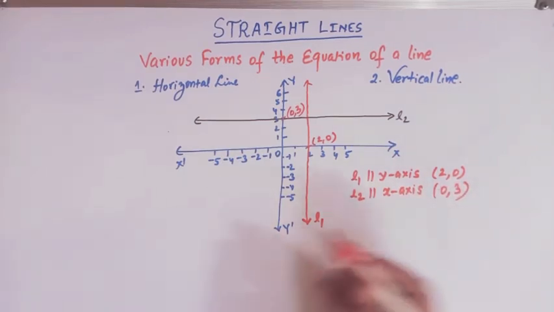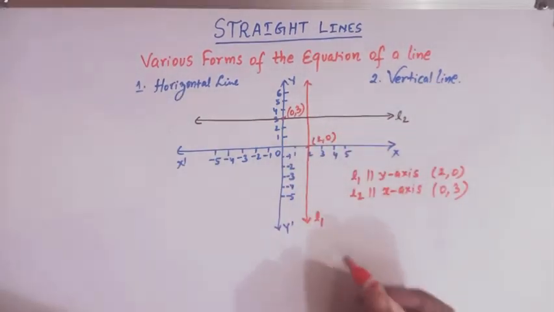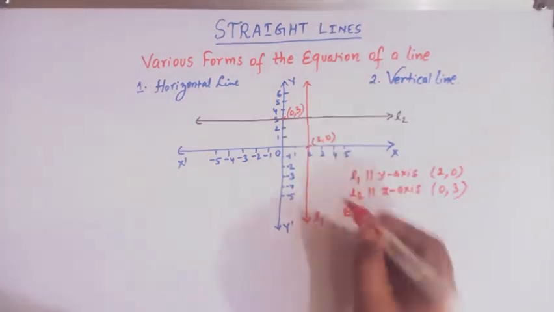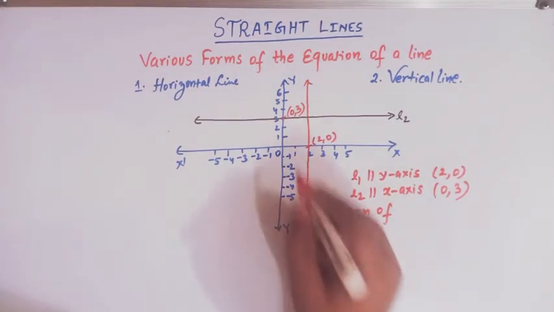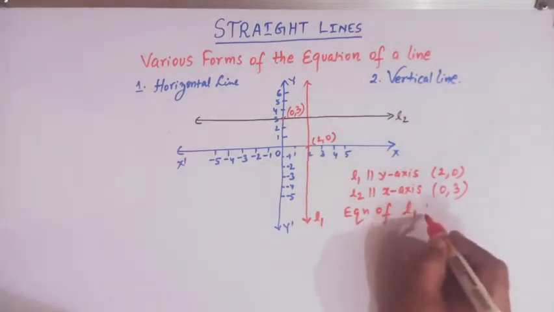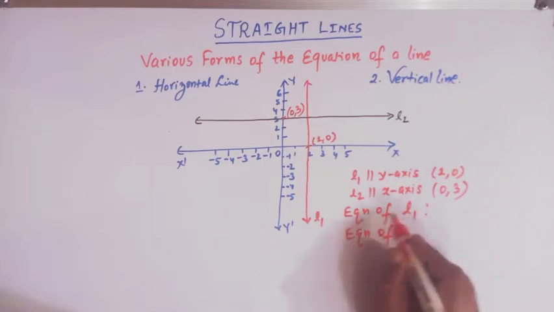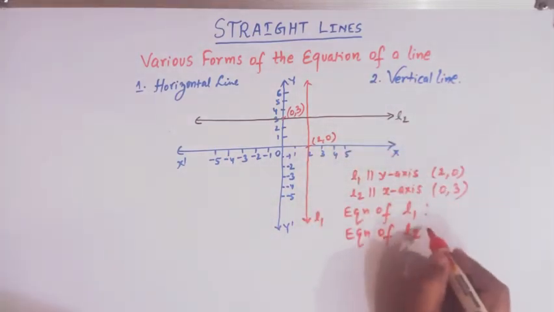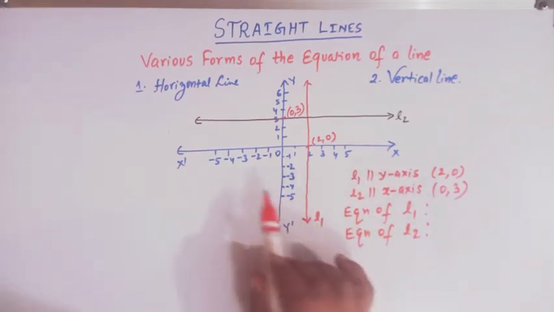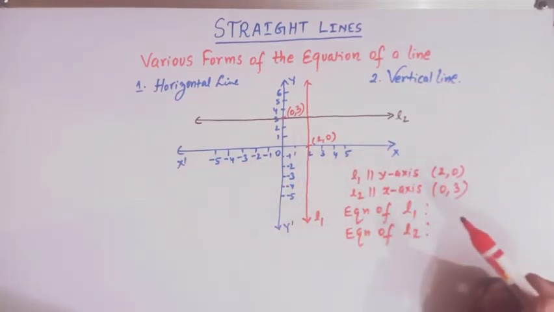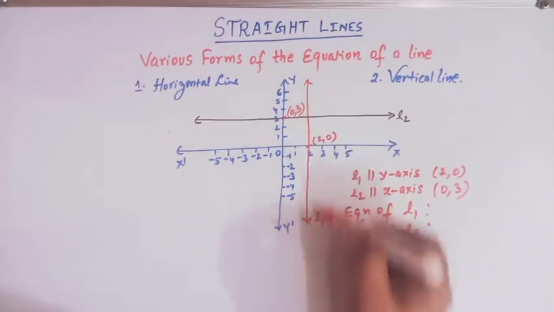Now we wish to write the equation of these two lines, right? So the question is, find the equation of this line L1, and find the equation of this line L2, right? Okay, so now here we observe one thing. Let us first take this line L1.